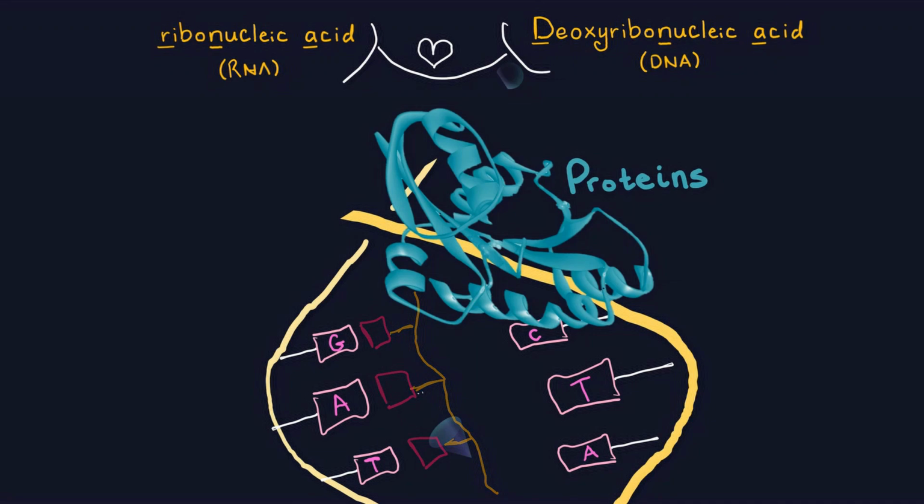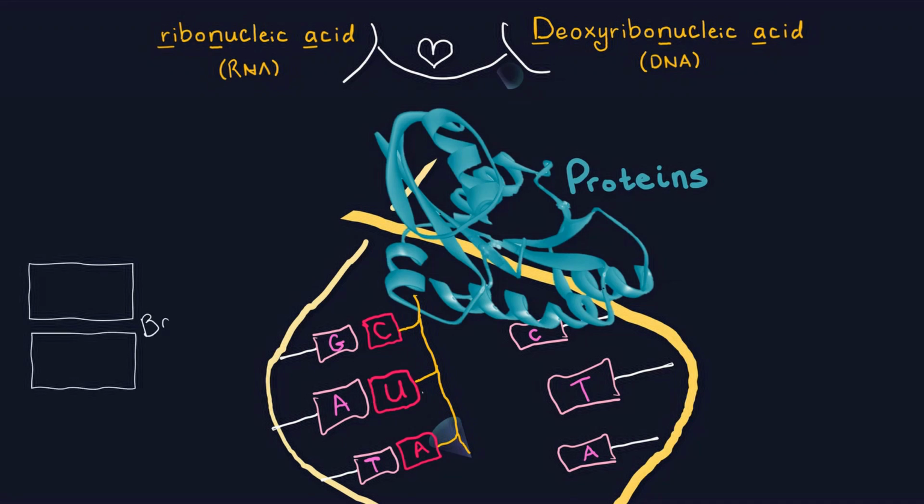Now it makes RNA by finding free nitrogenous bases that complement the nitrogenous bases in the DNA strand and linking them together. Remember which nitrogenous bases pair with which? Well, here's a reminder, just in case. Remembering that uracil is used for RNA.